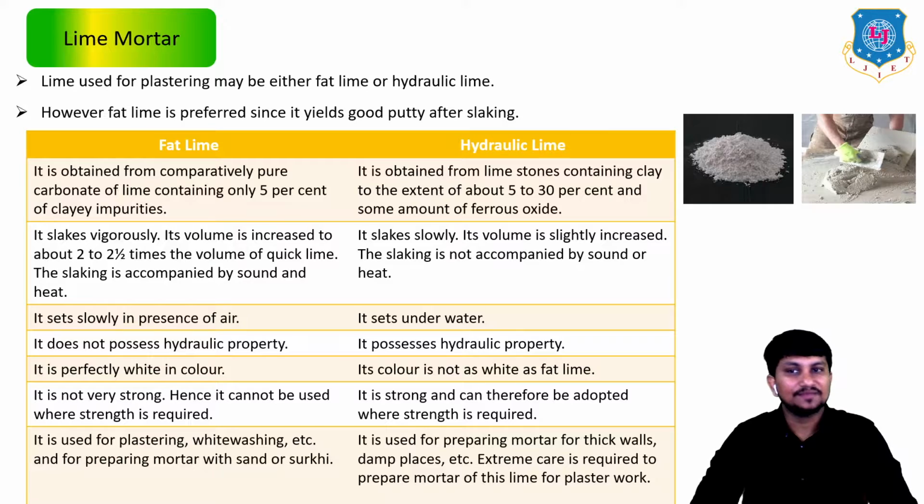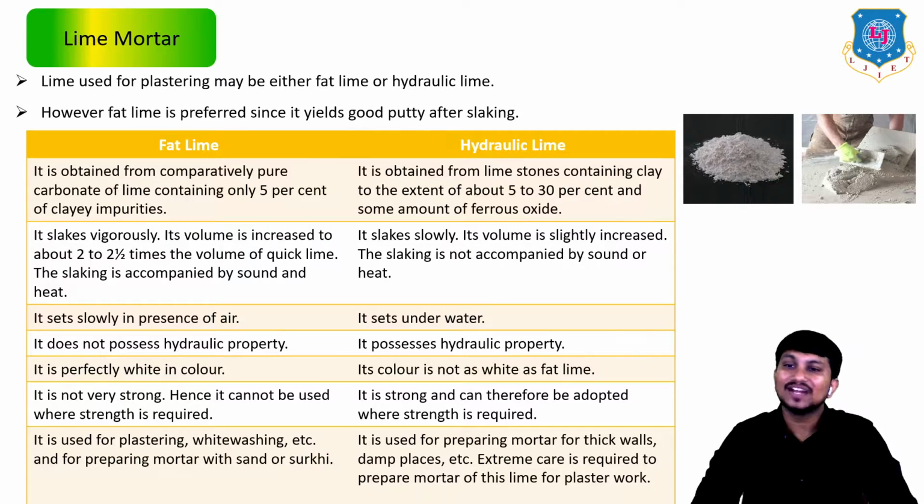Second difference, fat lime slakes vigorously. Its volume is increased to about 2 to 2.5 times the volume of quicklime, and the slaking is accompanied by sound and heat also. While hydraulic lime slakes slowly, its volume is slightly increased, and the slaking is not accompanied by sound and heat.